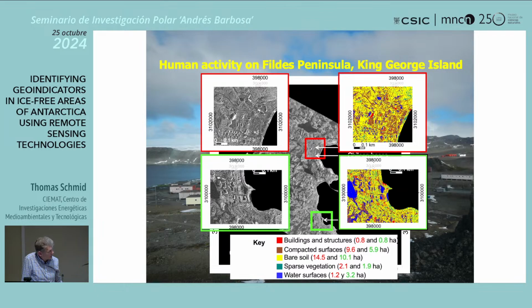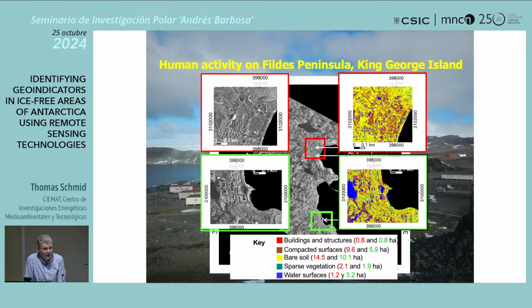We can determine the buildings and structures, the compacted surfaces, bare soil, sparse vegetation, water surfaces. And we can see the area which they occupy. We can get a pretty good idea of how these bases are having an impact in these areas. So being able to monitor the activities is also important. What's happening nowadays is that a lot of the bases are increasing in size.